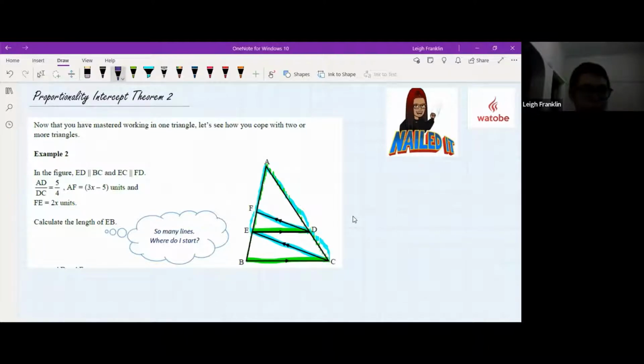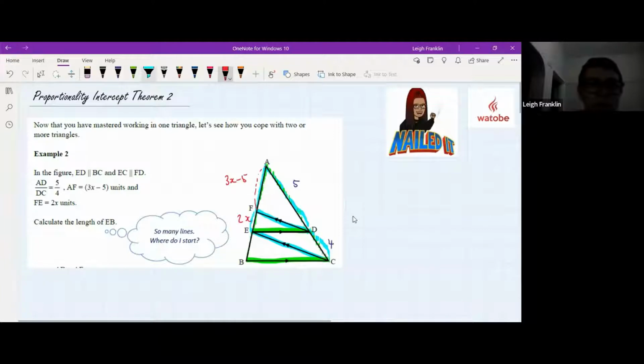Now let's have a look at the information that they've given us. They've told us that AD over DC is 5 over 4. They've told us that AF is 3x minus 5 units long, and FE is 2x units long.